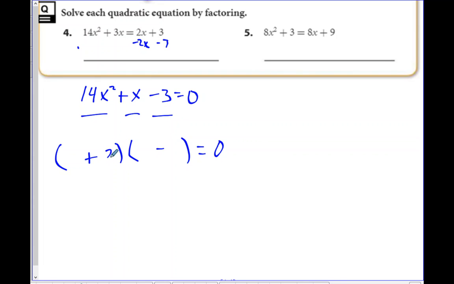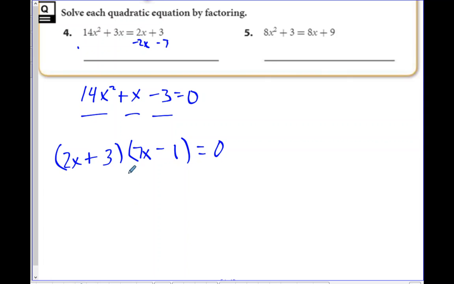So it's either going to be plus 3 minus 1, or plus 1 minus 3. We're going to have to try some different things. Now, think about factors of 14x squared. 2x and 7x, or 14x and x. So let's try 2x and 7x.